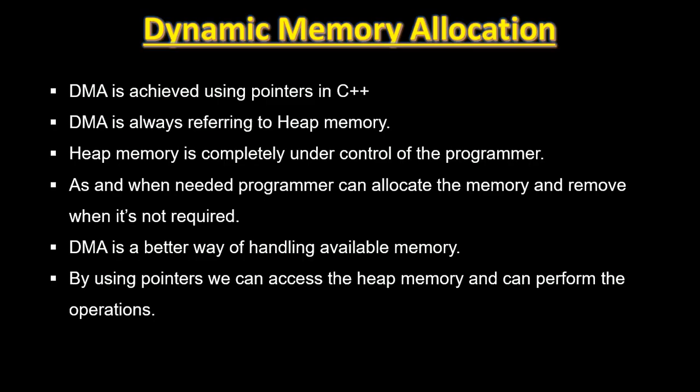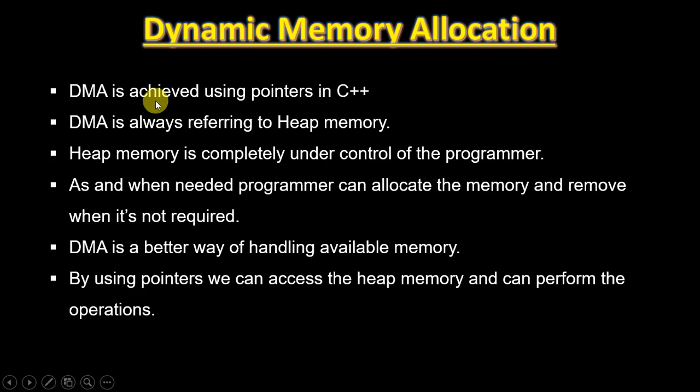So what is this DMA? That is dynamic memory allocation. Don't get confused. Here, DMA just refers to dynamic memory allocation. With respect to the OS, there is something called DMA meaning direct memory access. Don't get confused with that. Just for convenience, I am using DMA for dynamic memory allocation.